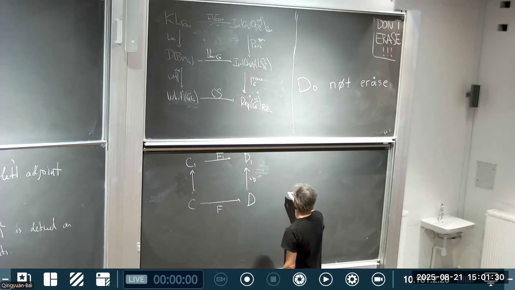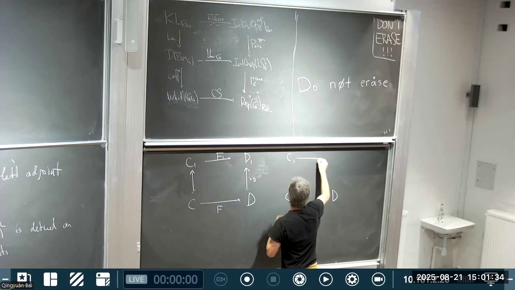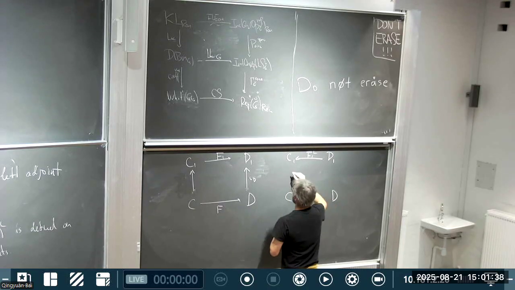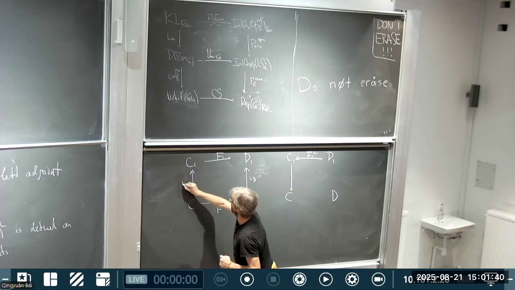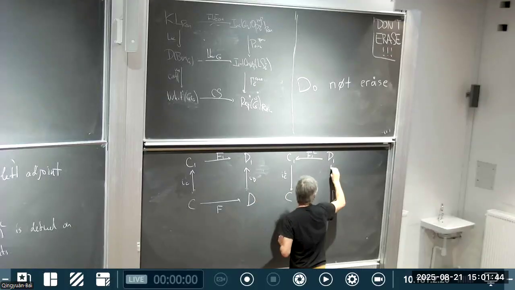And suppose that the following happens. Suppose that this functor admits a left adjoint. And suppose these functors I_C and I_D also admit left adjoints.